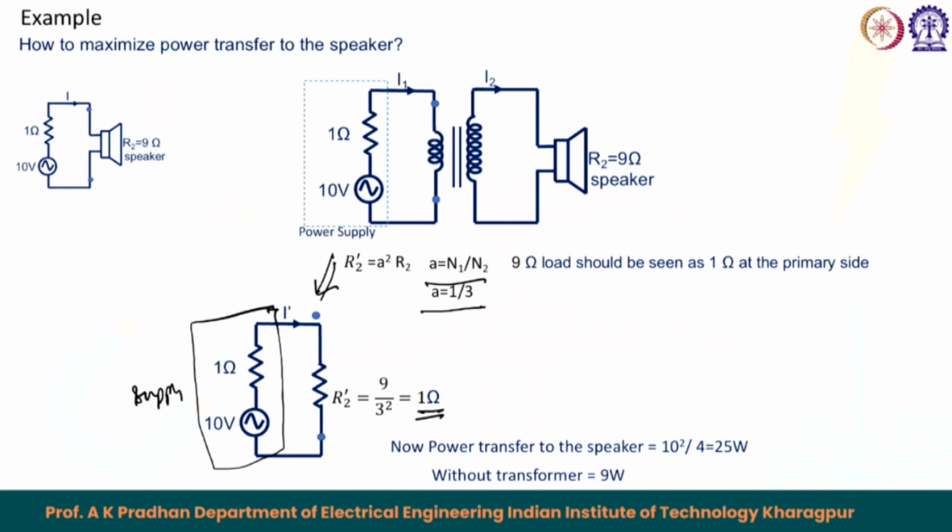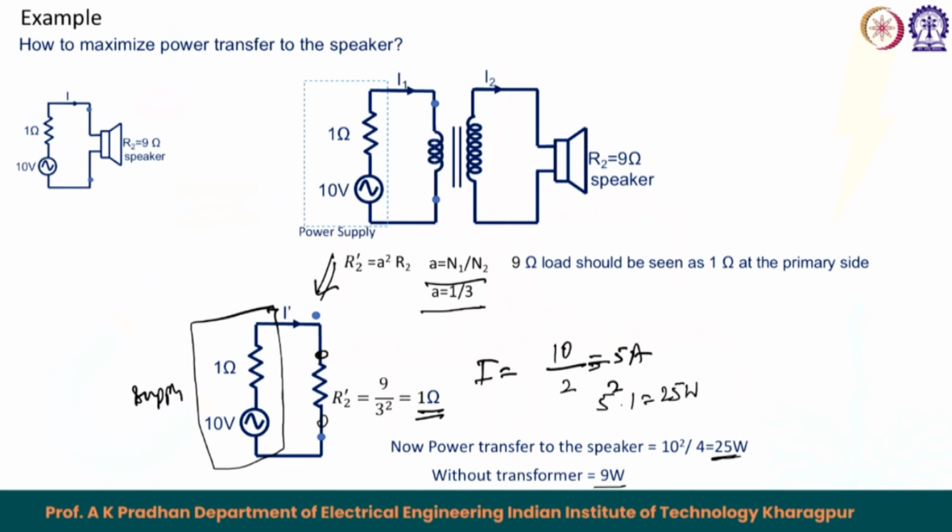Therefore, the corresponding current at this condition becomes 10 upon 2, that is 5 ampere. This results in the power associated with the 1 ohm seen at R 2 dash equal to 5 square into 1 equals 25 watt.